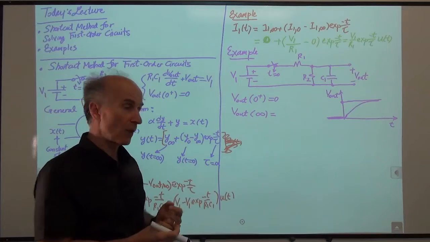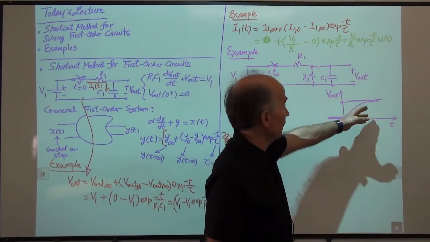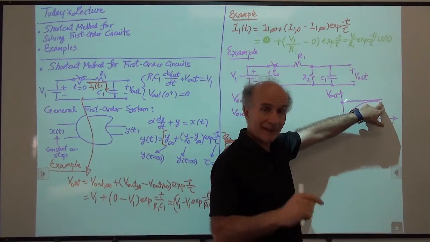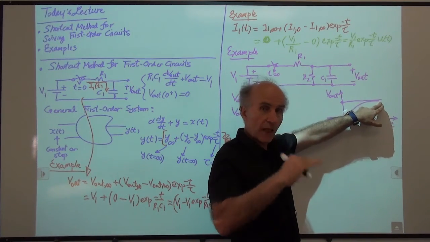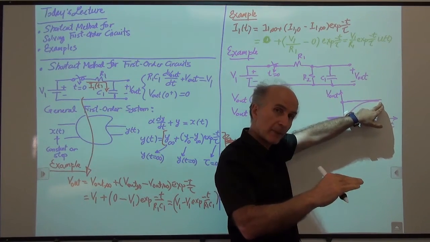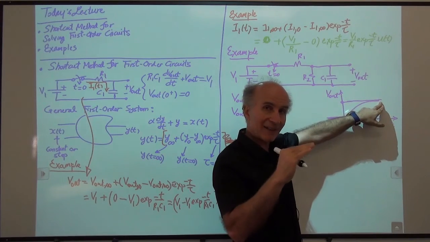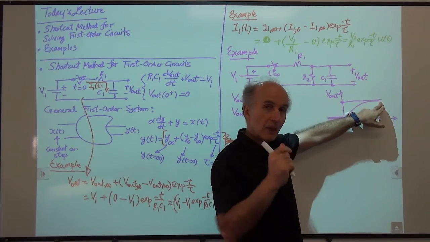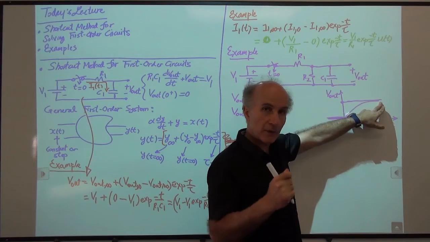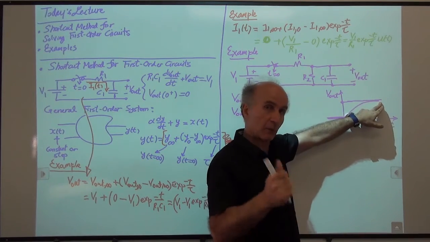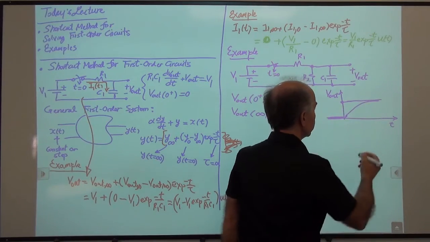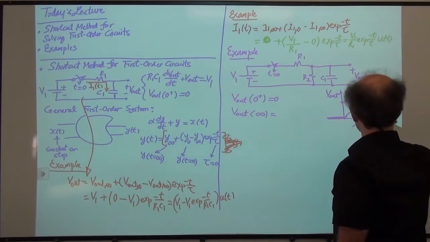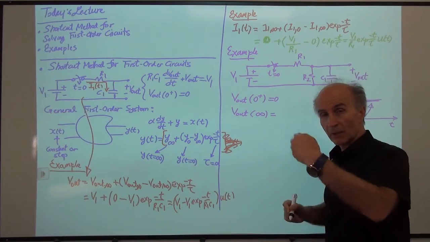What we know is that if we wait a long time, the voltage on the capacitor stabilizes. Because the voltage on the capacitor is not changing with time, the current through the capacitor is 0. The capacitor acts as an open circuit. Remember we talked about this last time. It's a step-by-step logical process.